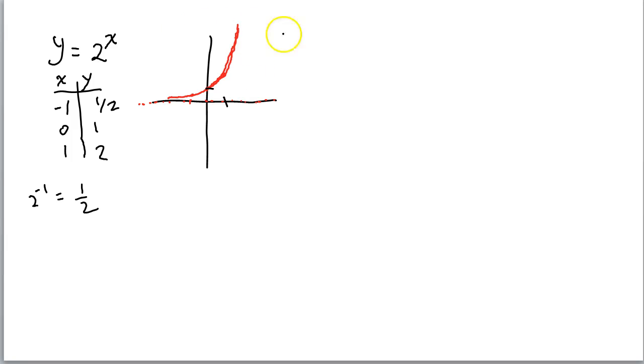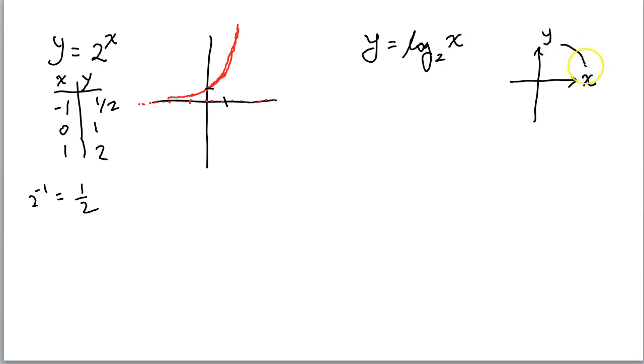Okay, now using this we can think about the graph of y equals log base 2 of x. We already introduced the fact that log base 2 of x and 2 to the x are inverse functions. What happens to the graph of an inverse function? Well, inverse functions are obtained by switching x and y.